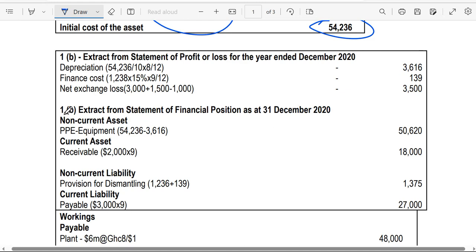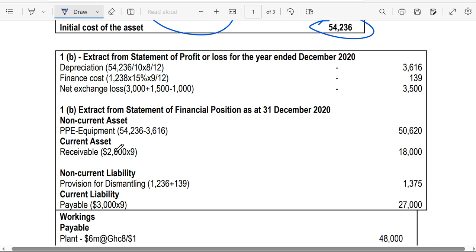Now, again, your B part, extract from the financial statement, you have the statement of financial position. You have the PPE at its carrying value. You have your receivable. We'll get to the receivable very soon.